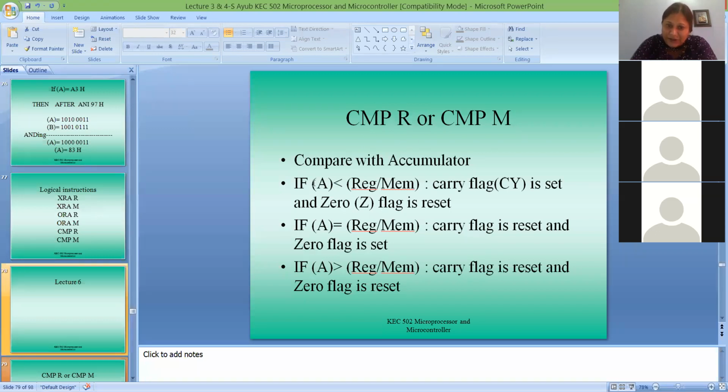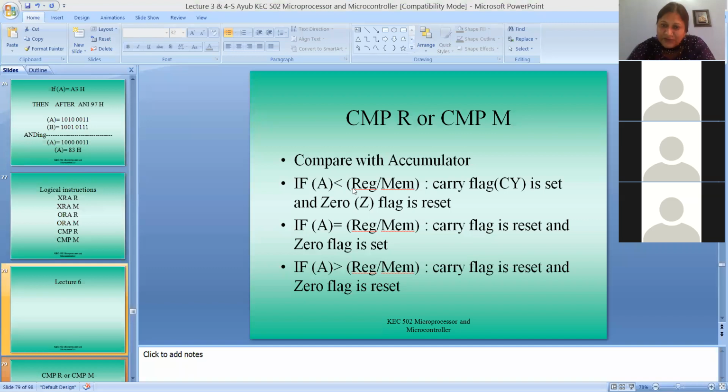So if your accumulator contents are less than register contents or memory contents, then carry flag will be set, because inside, the subtraction is always done from accumulator. We are not told that it is doing subtraction, but logically comparing means it is doing subtraction.